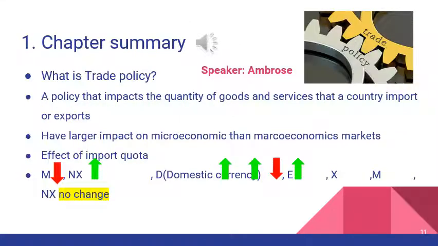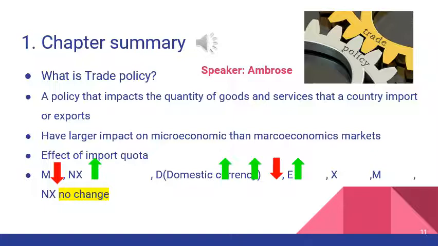Now let's move on to another important point in this chapter, which is trade policy. In a normal economy, trade policy plays an important role because these policies used by the government will directly influence the quantity of goods and services that a country imports or exports.